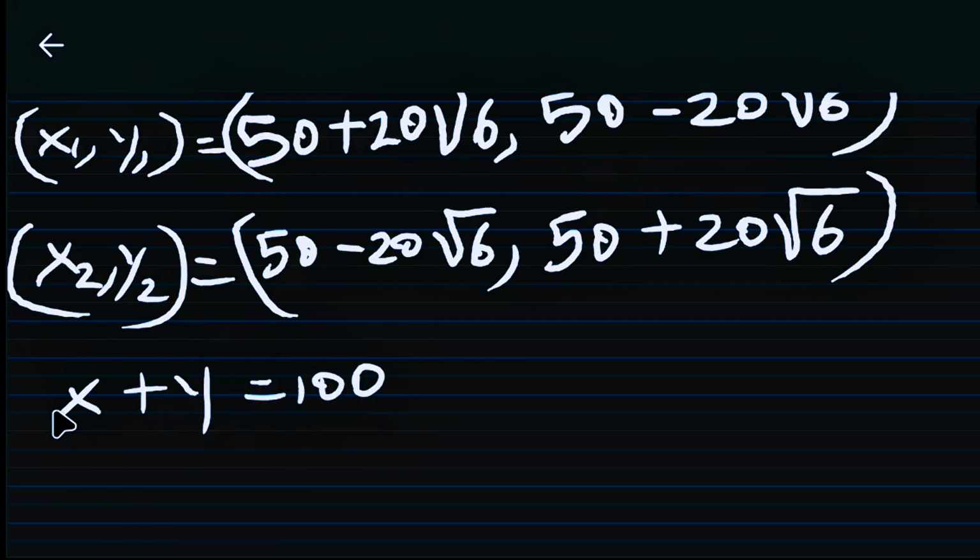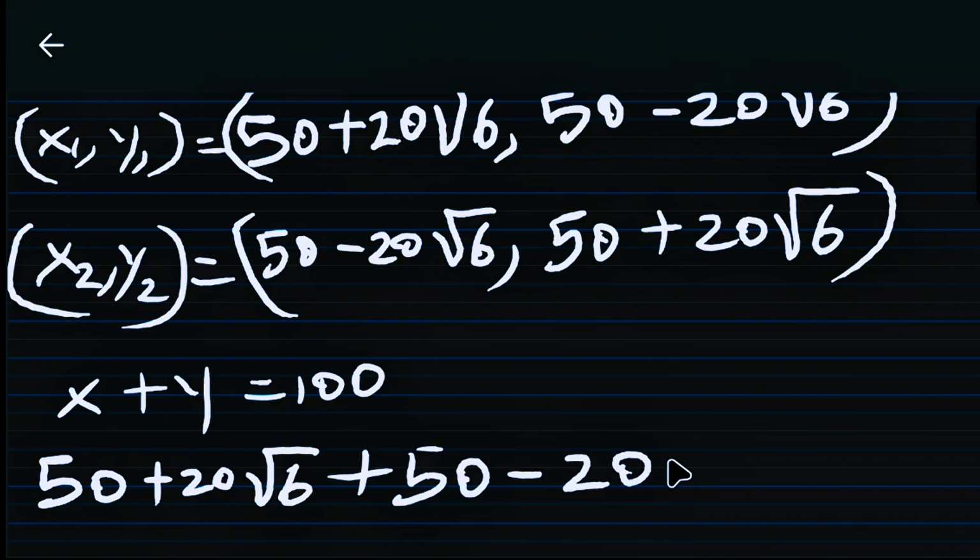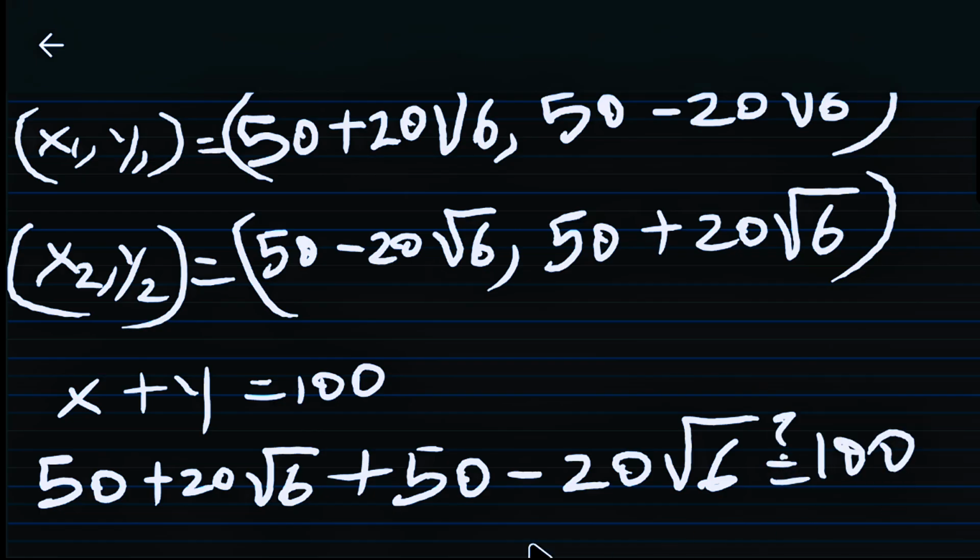Let's substitute for x plus y. It's going to be this plus this. So we have 50 plus 20 square root of 6, then plus 50 minus 20 square root of 6. Okay, would this give us 100? That is what we are trying to verify.